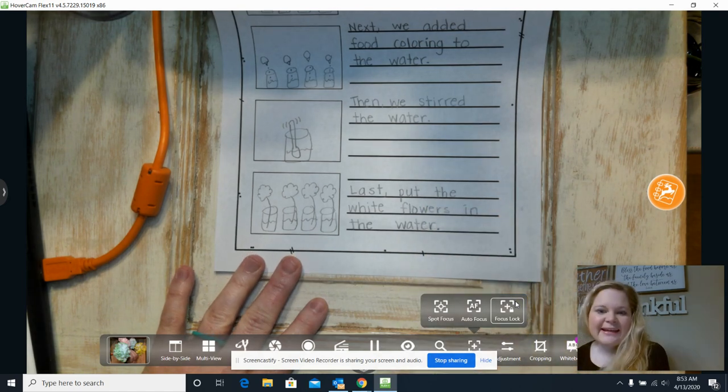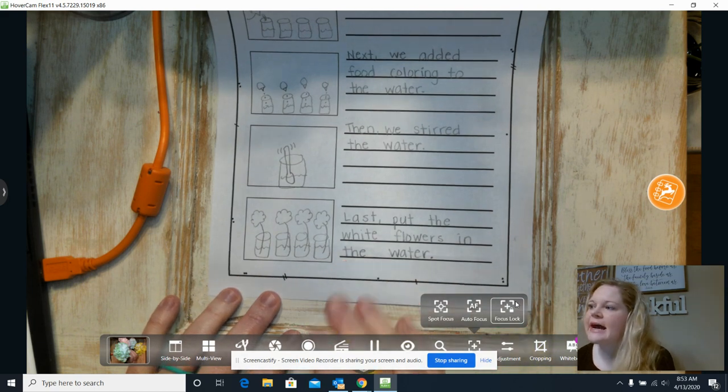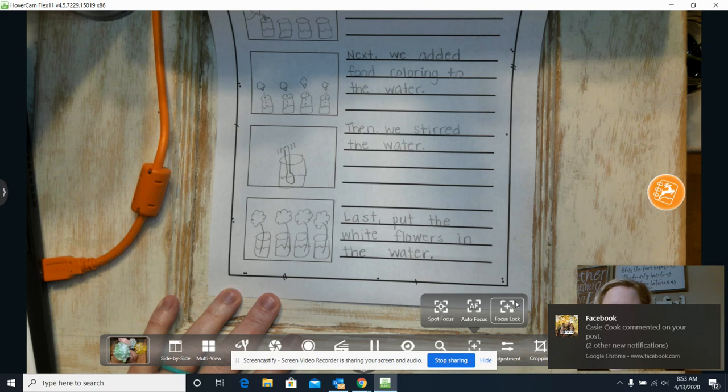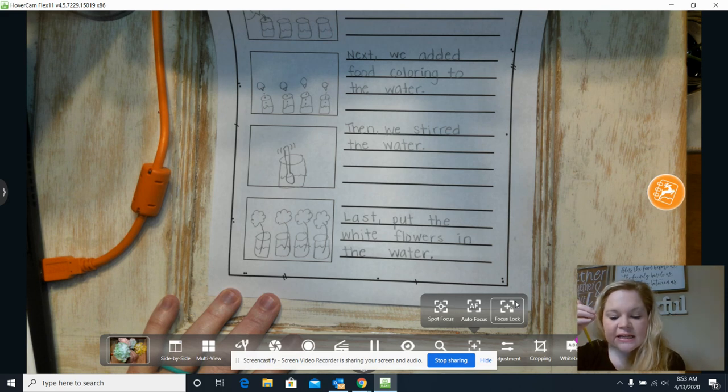Period. Alright guys, the reason that worked, and how the dye went into the flower and made it colored, is because the water goes up the stem and then it goes into the white flower. That stem is like a straw, sucking up all the water to help it live. We know plants need water, air, and sunlight to live, and soil.